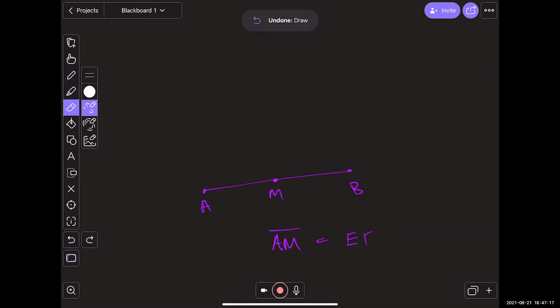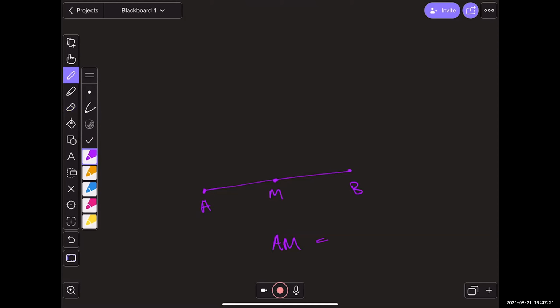Okay. So what you're referring to is nothing above A and M, right? I was just referring to the length of AM, so I wasn't referring to anything else yet, but that is actually going to be correct.